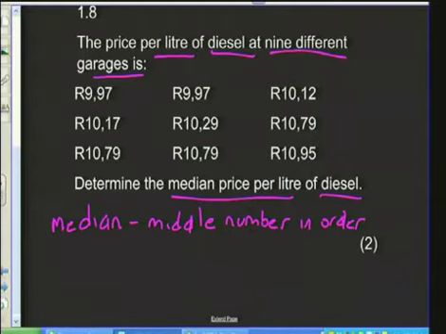So whenever I look at these values, I'm going to start off by just analyzing the 9 values that I have and see if they are in order or not. So if I look 9.97, 9.97, 10.12, 10.17, 10.29, 10.79, 10.79, 10.79, 10.95, they are already in order. So that's perfect. And now I'm looking for the middle number.